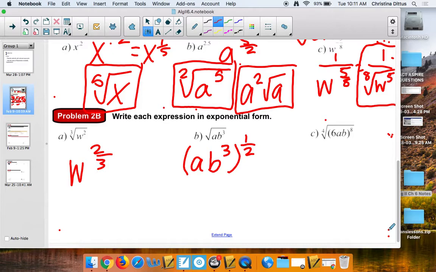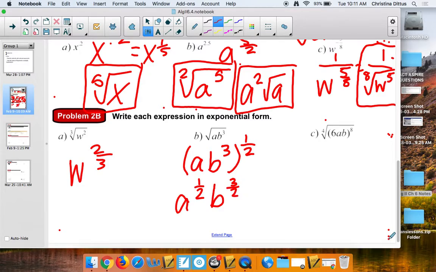Okay, then distribute probably isn't the right word, but that's how I think of it. I kind of think of distributing this exponent to A and B. So that A would have a power of 1/2, and what would B have a power of? 1.5 or 3/2.